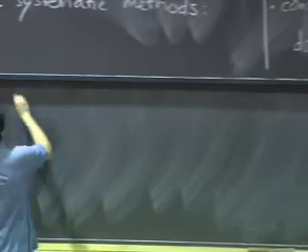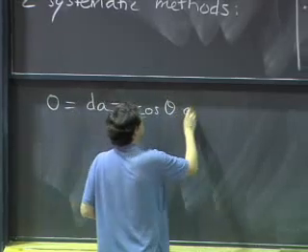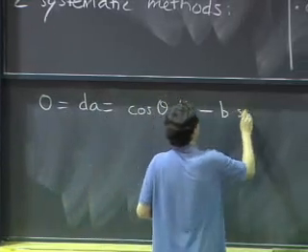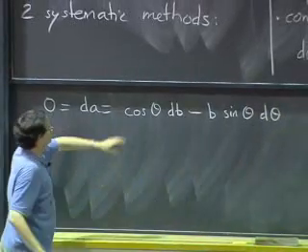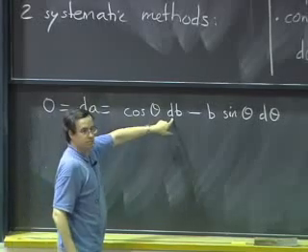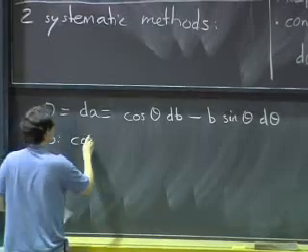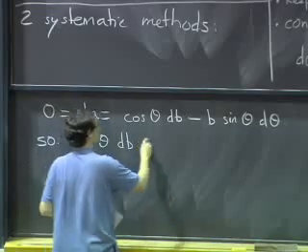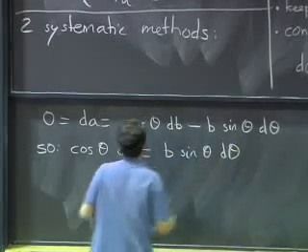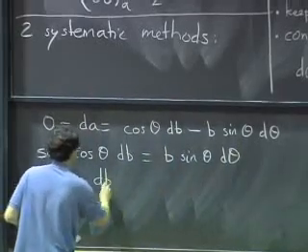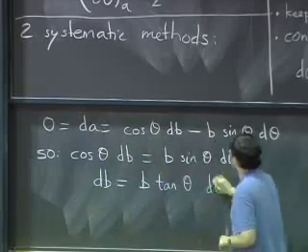So we have 0 equals dA equals cosine theta dB minus b sine theta d theta. That means that we know how to solve for dB. So cosine theta dB equals b sine theta d theta, or dB is b tangent theta d theta.